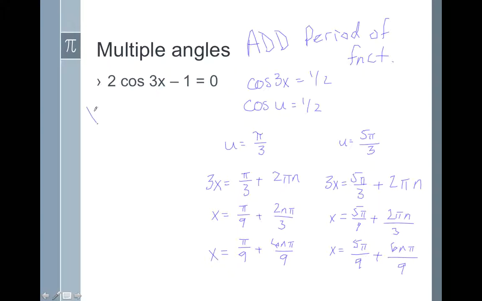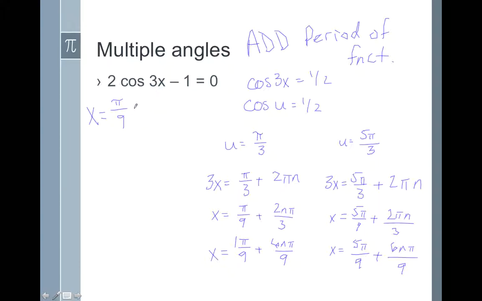Now here's what you need to do in order to figure out what x actually is. It's obviously pi ninths. So if n equals 0, you get pi ninths. Now here's what you do. You just add 6 over 9. So here's a 1 over 9. So you add 6 over 9 until you get something bigger than 2 pi.